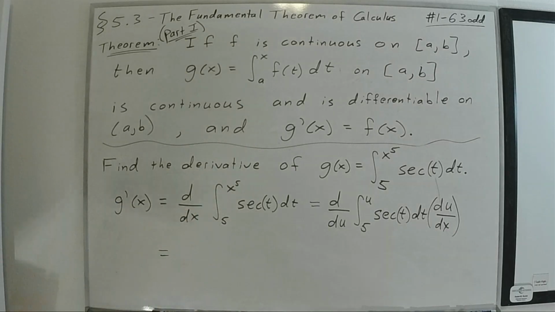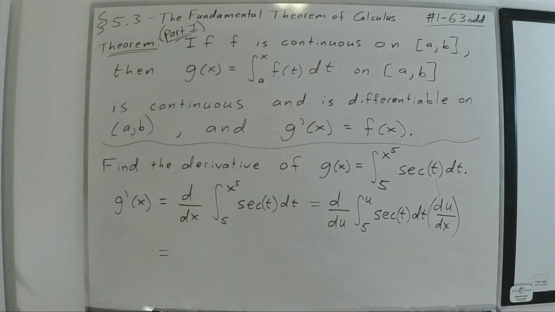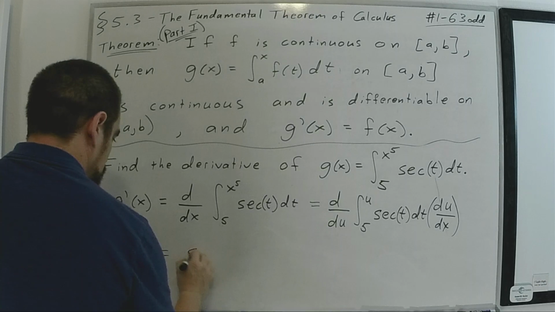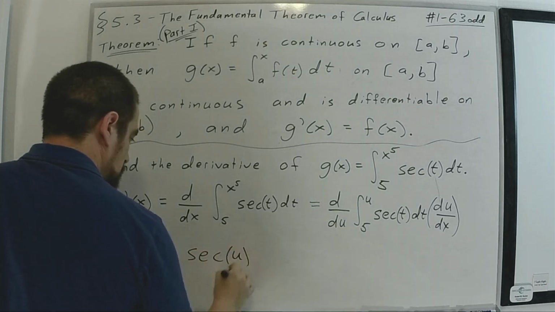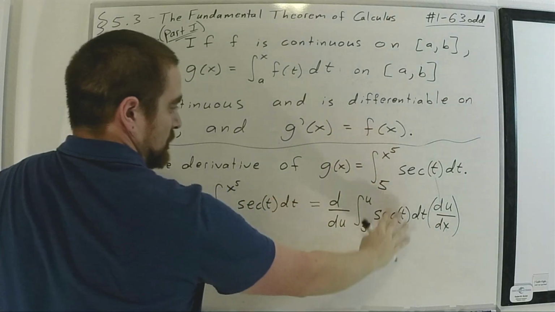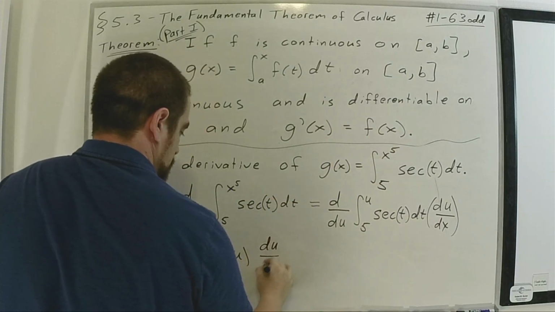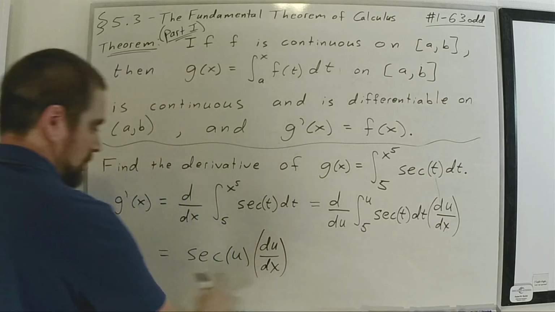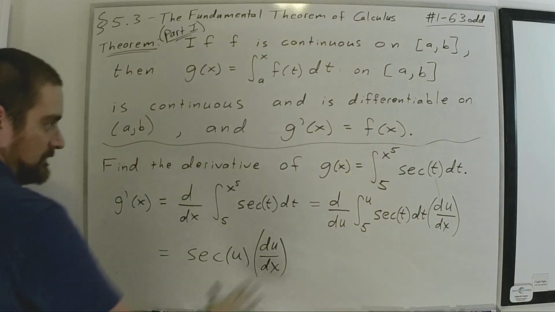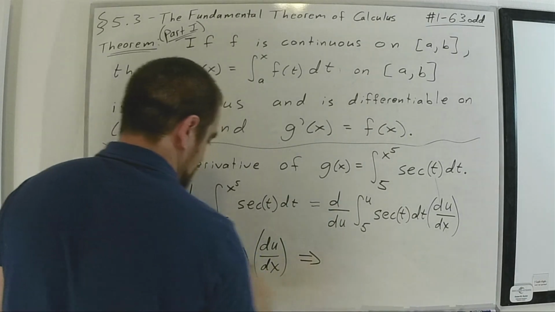So that means now I can go ahead and fit it into the theorem. This u is going to go in place of t, and I'm going to get secant of u. But when I replace this function simply as a function of u, then I also still have to worry about multiplying by du dx, because this is going to contribute more than just the variable x in my function.